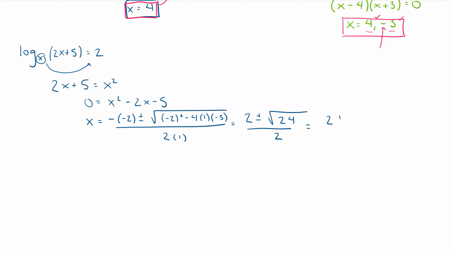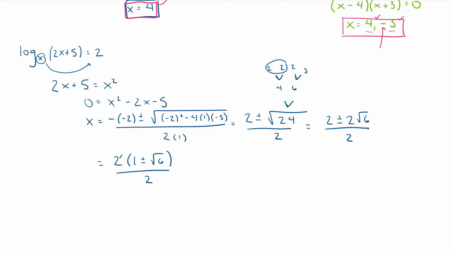That's going to be 2 plus or minus, 24 is 4 times 6. 4 is 2 times 2. 6 is 2 times 3. So you see that we have the 2 rad 6 over 2. And finally, we can factor out the 2, which gives us 1 plus or minus rad 6 over 2. The 2's cancel. We end up with x equals 1 plus or minus rad 6.